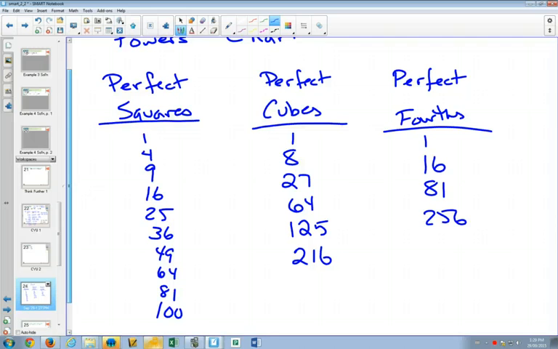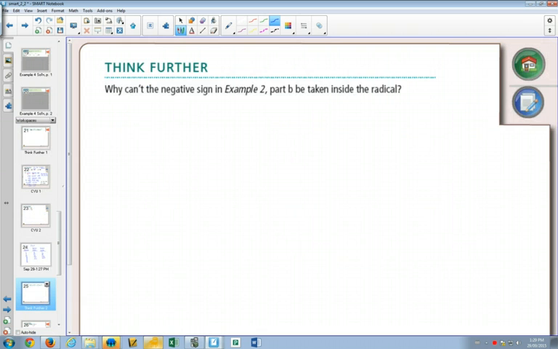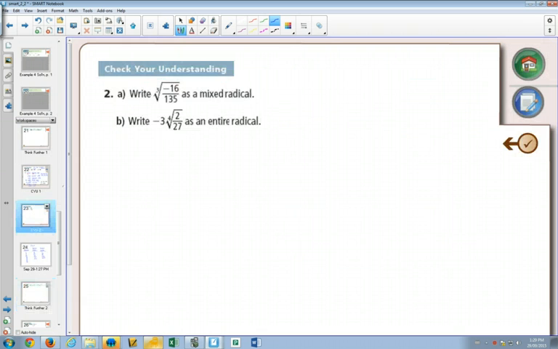And 5 times 5 times 5 times 5 is 625. 6 times 6 times 6 times 6. There you go. So having these values becomes very important, especially when we're going to be writing things as mixed radicals.